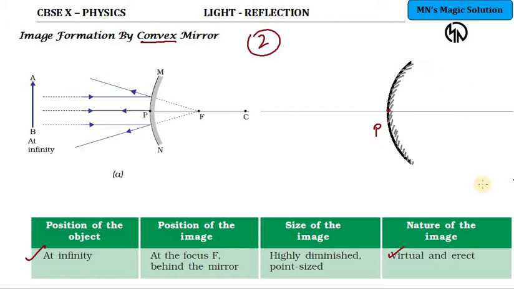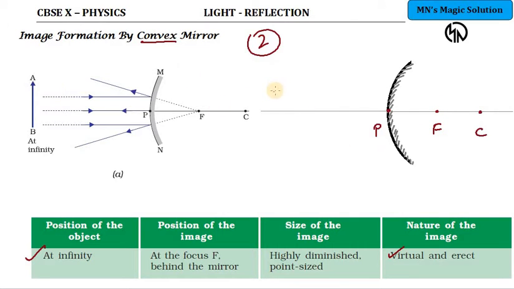In this mirror, towards the right only you will have your center of curvature, and anywhere halfway in between P and C you will have the focus. So you have to measure exactly and draw the focus at half the distance.